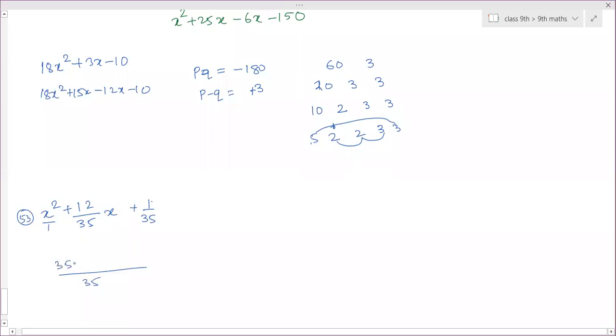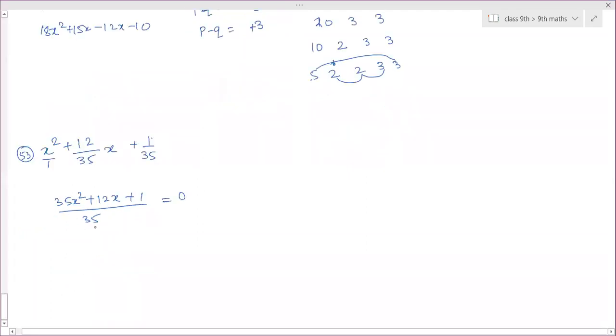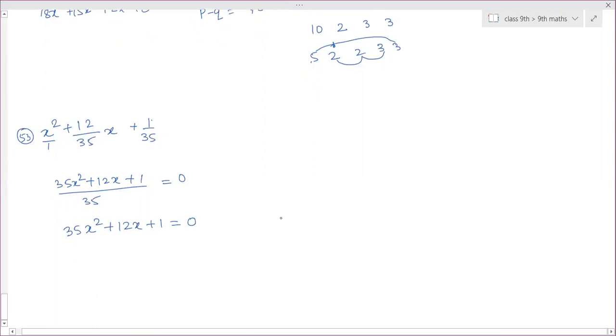And here it will be 35x square plus 12x plus 1 is equal to 0 that we have to consider. Then this 35 will go on the other side and becomes 0. So now the polynomial we have is 35x square plus 12x plus 1. Now find the middle terms, divide the middle term into two parts. What we need is the product 35 into 1 which is 35 and the sum equal to 12.